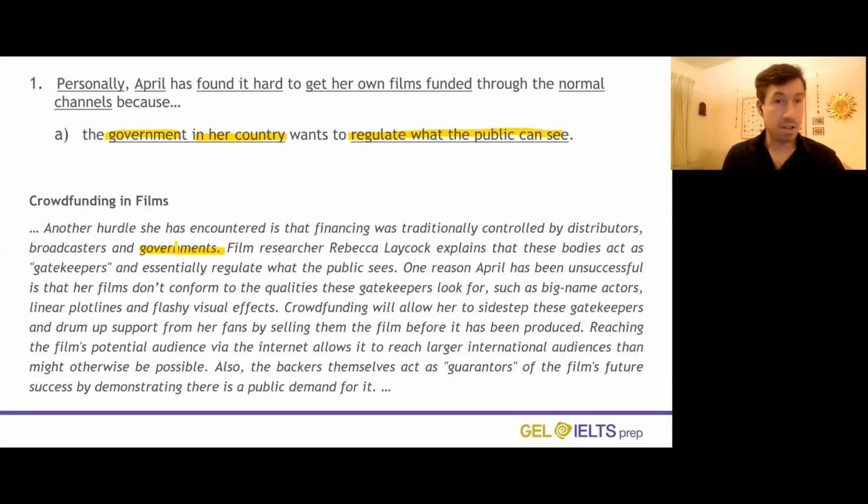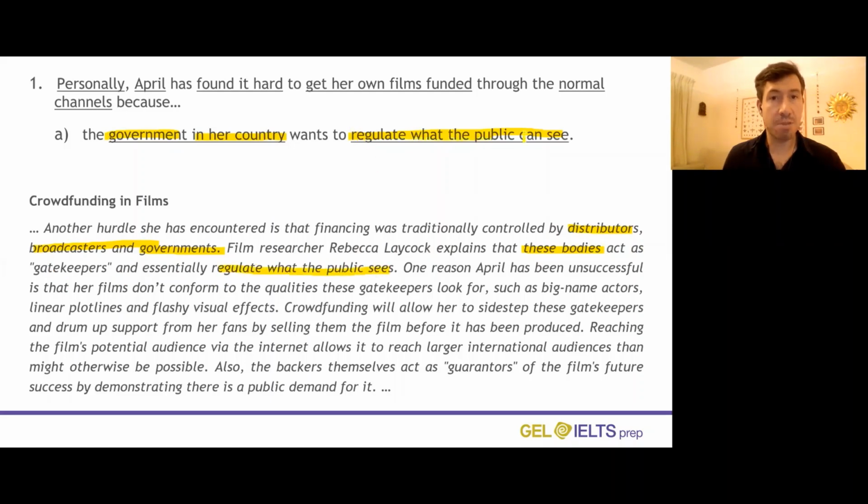Well, it doesn't say anywhere here anything about in her country. Let's keep reading. Film researcher Rebecca Laycock explained that these bodies act as gatekeepers. So these bodies is a synonym for this government. It actually refers to the distributors, broadcasters, and governments. That's these bodies act as gatekeepers and essentially regulate what the public sees.